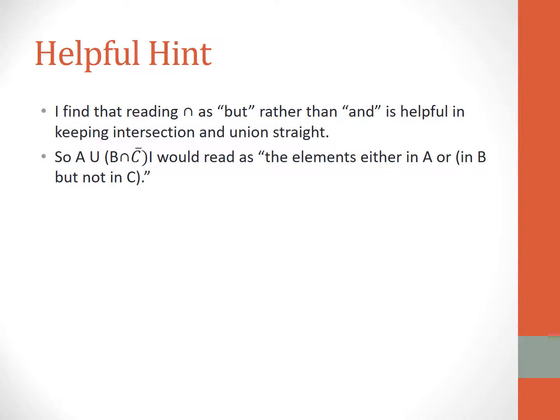So if I write A union B intersection C complement, I would rather read it as the elements that are either in A or, that's the union part, they are in B, but outside of C. So A union, the quantity B intersect C complement would be a very mathematical way of reading this, but you could also say it's the stuff that's in A, or it's in the set B, but not in C.